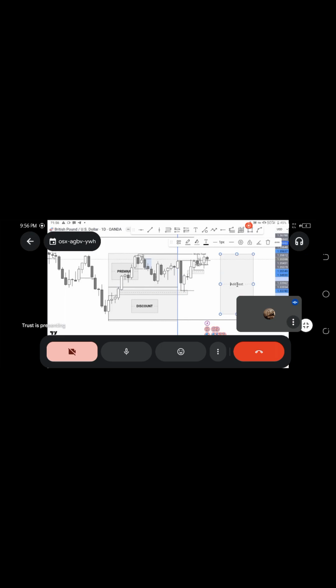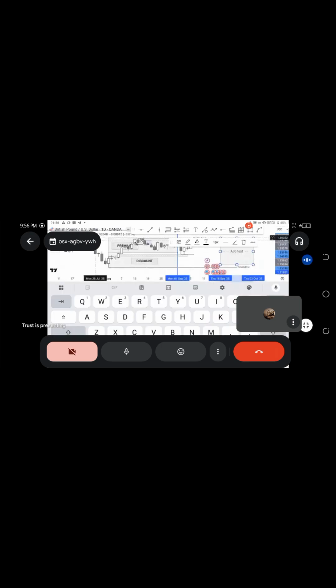So we have the breaker block, order block, rejection block. I don't forget my keyboard on. Zoom on the screen.